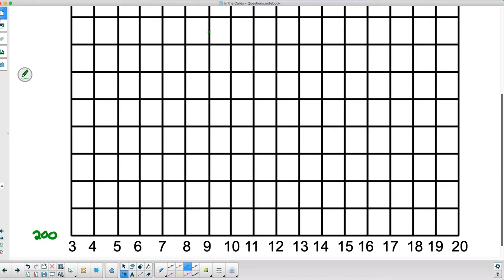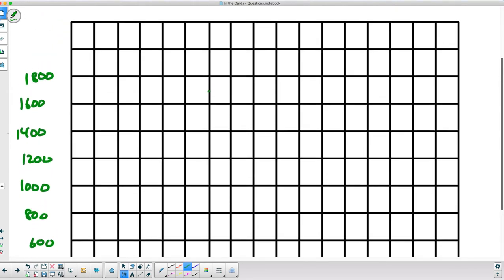I'm going to go 200 right here, 400, 600, 800, 1,000, 1,200, let's move this thing out of the way, 1,400, 1,600, 1,800, 2,000, and 2,200, like that. That way 419 is within the bottom and 2081 is within the top.